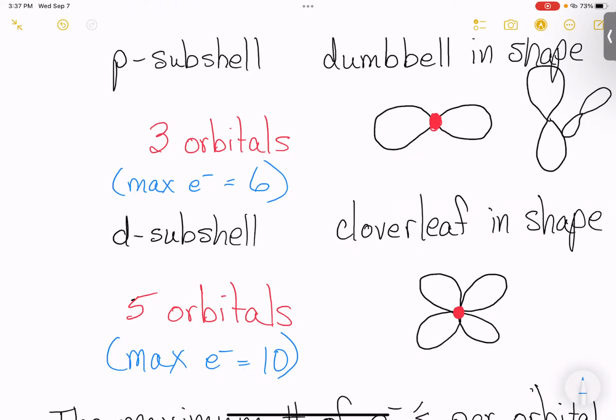Okay, so folks, all of this information is embedded right there in that periodic table. All of this information is embedded right there.